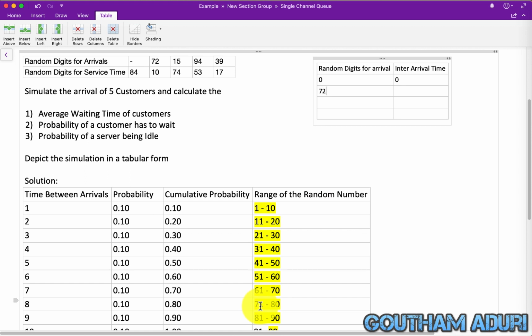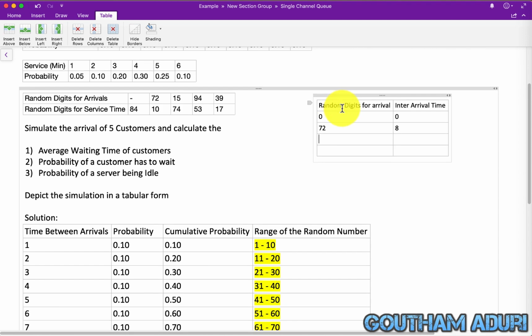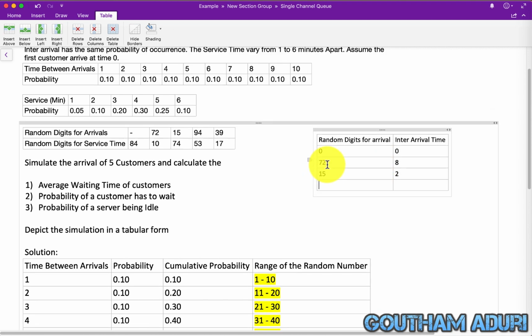The next one is 72. 72 is in the range of 71 to 80, so it becomes 8. The next one is 15. It's in the range of 11 to 20, it's the second one. And the next one is 94.